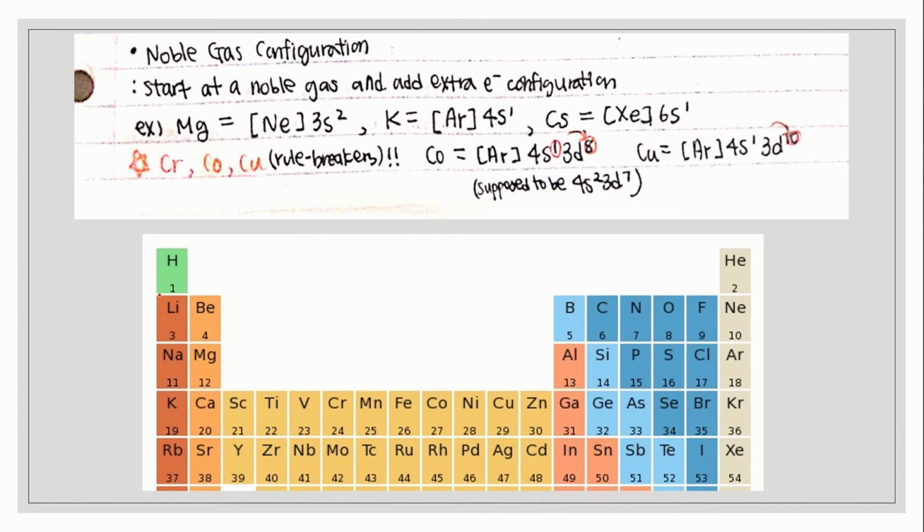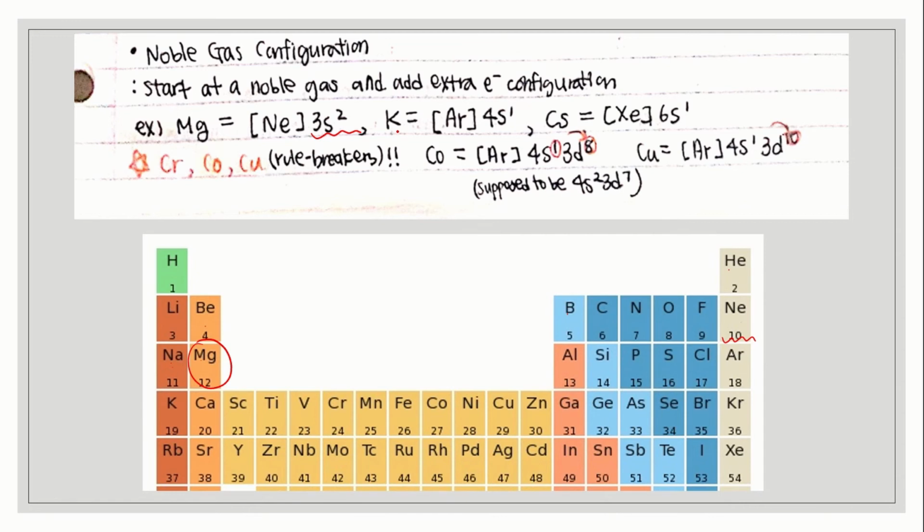Next is the noble gas configuration. It starts at a noble gas and adds the extra electron configuration. So for magnesium, for example, magnesium is here, and if you write the electron configuration, it would be 1s2, 2s2, 2p6 and 3s2. But if you write the noble gas configuration, you start at the most recent noble gas and you write neon, and then you add the extra electrons after neon, which is 3s2.